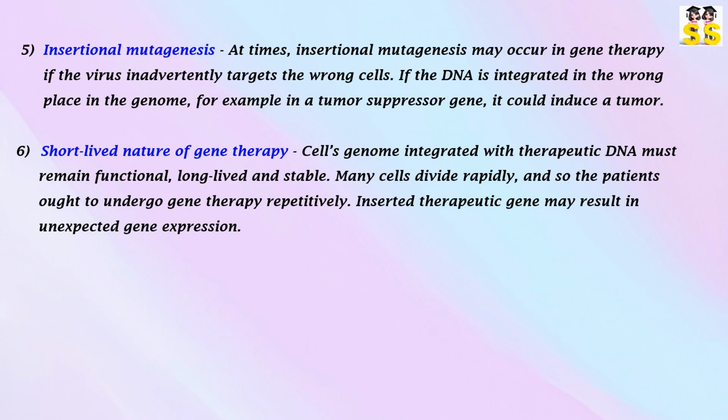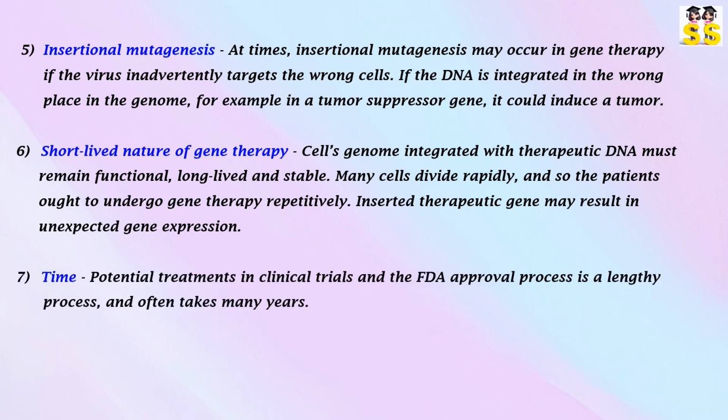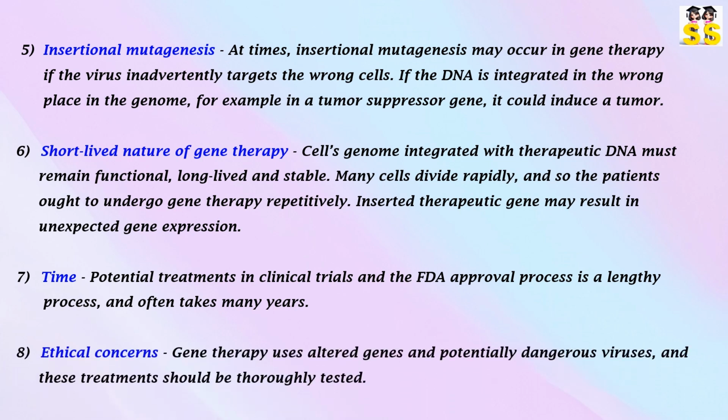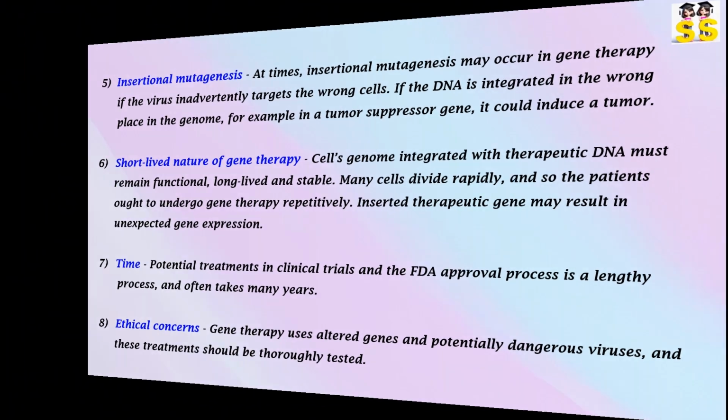The inserted therapeutic gene may result in unexpected gene expression. Potential treatments in clinical trials and the FDA approval process take many years. Gene therapy is associated with a few ethical concerns. These treatments should be thoroughly tested as they involve the use of altered genes and potentially dangerous viruses.